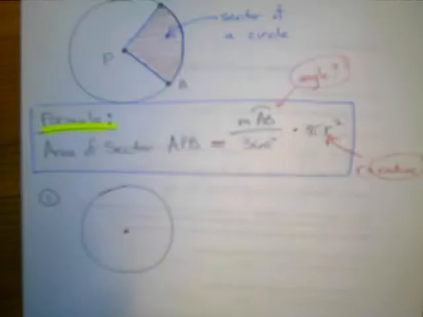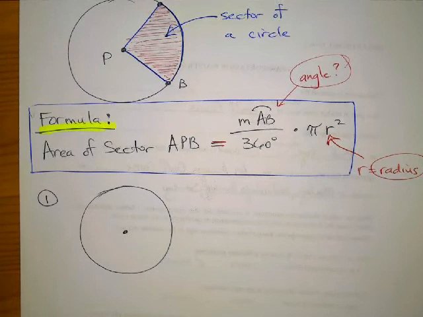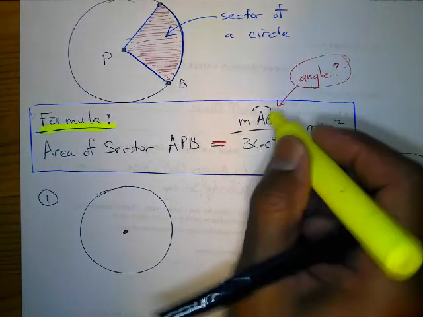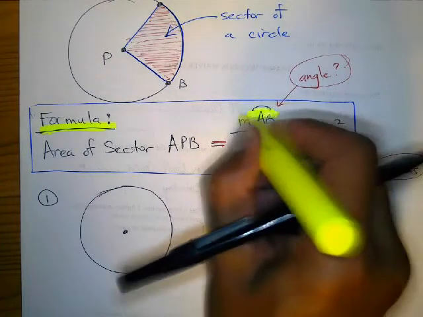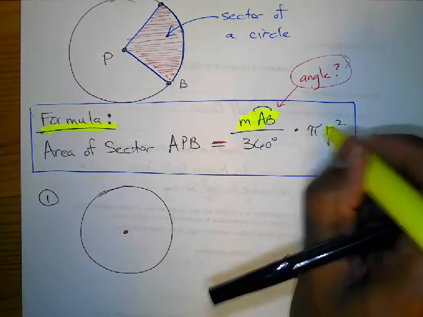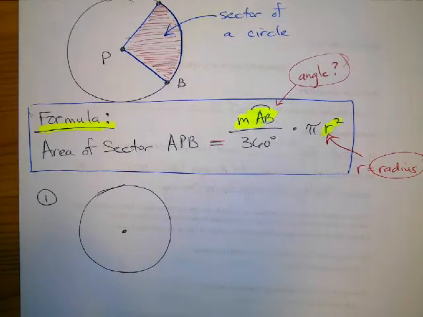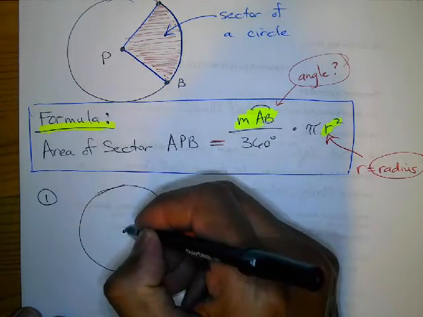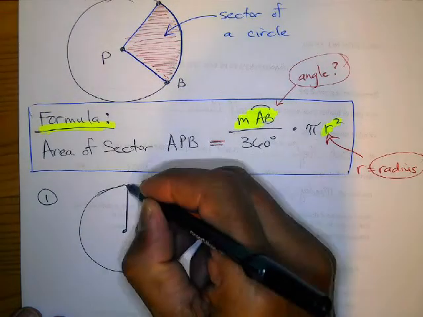Make sure you understand before you move along, right? So again, you're only going to look for these two. What is the angle? We're going to divide that number by 360 and then multiply by pi, multiply by the radius, but we've got to square it. We just need the angle and the radius, and that's what they're going to give you.